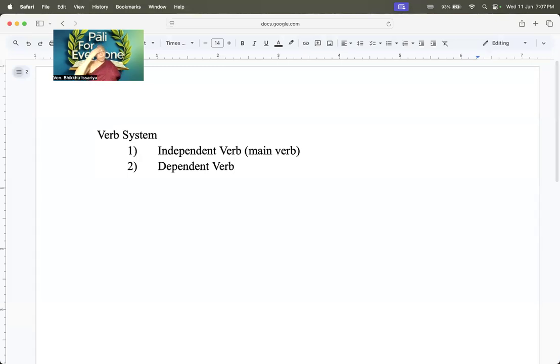If we understand the Pāḷi verb system clearly, we can understand the Pāḷi sentence also. That is why mainly here, two types of verb system we need to understand.